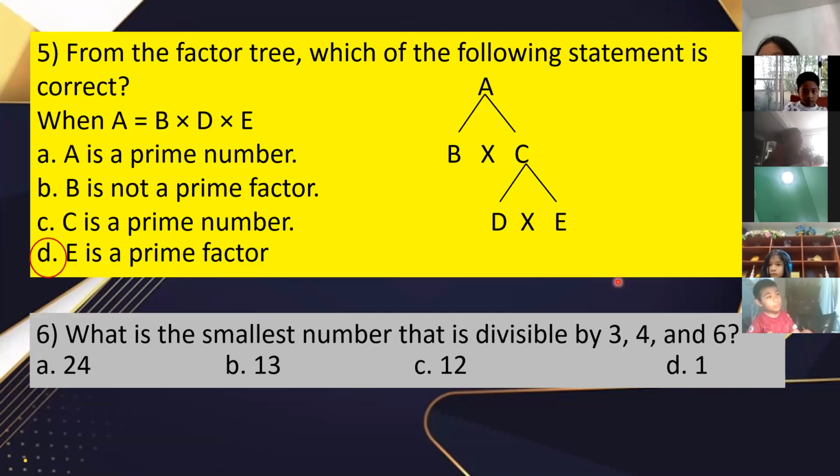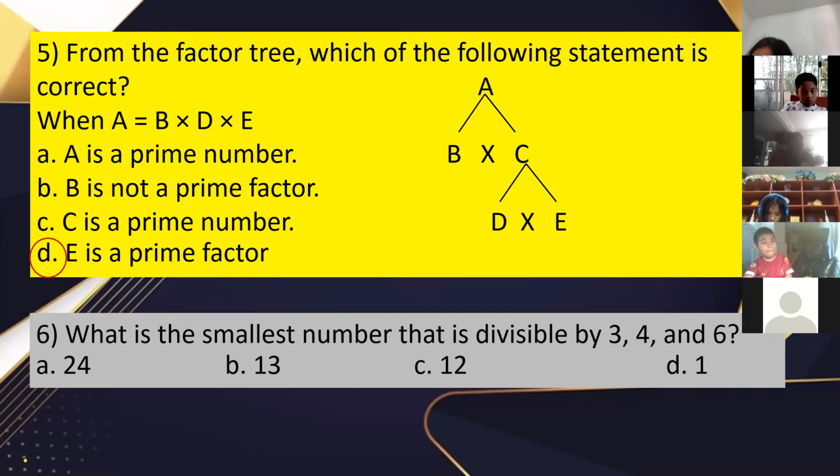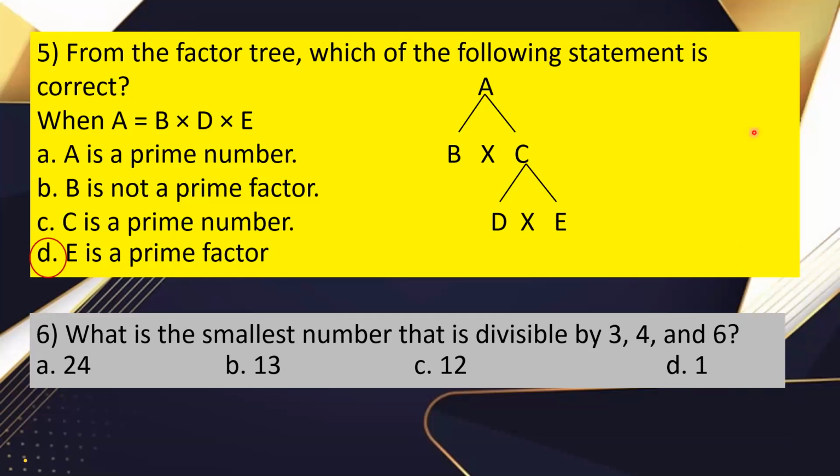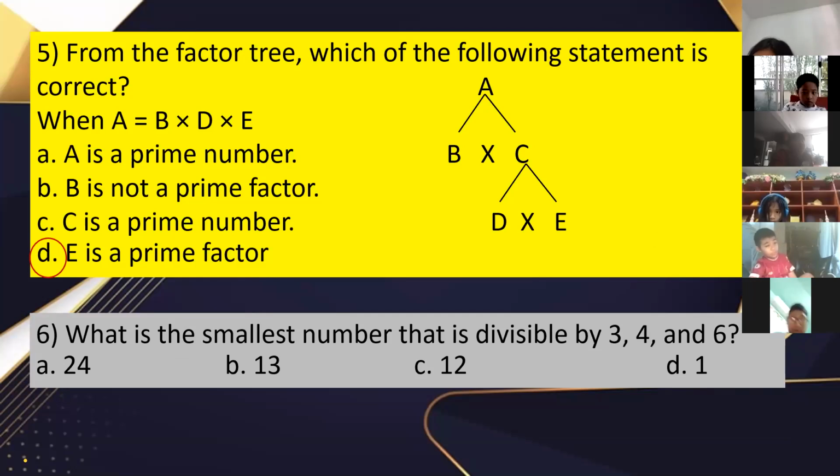What is the smallest number that is divisible by 3, 4, and 6? Okay, I call Atom.